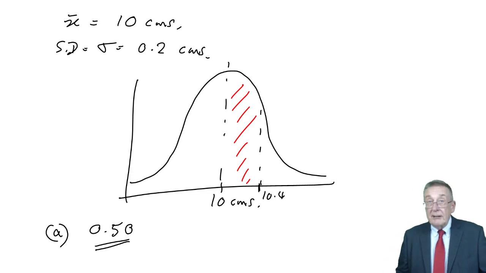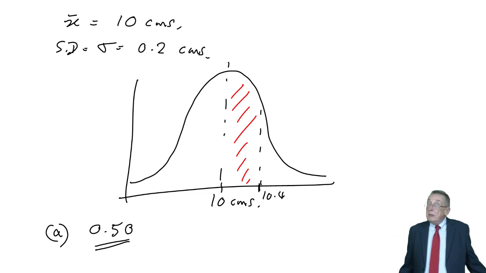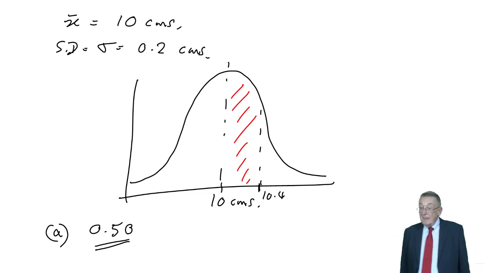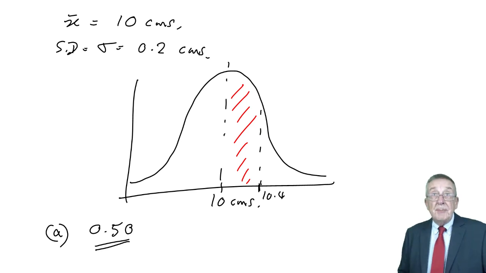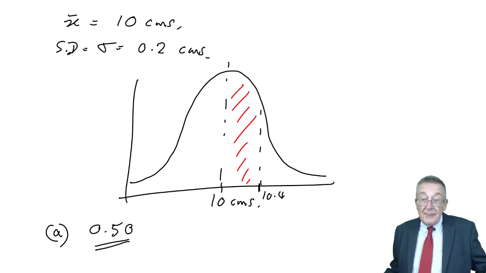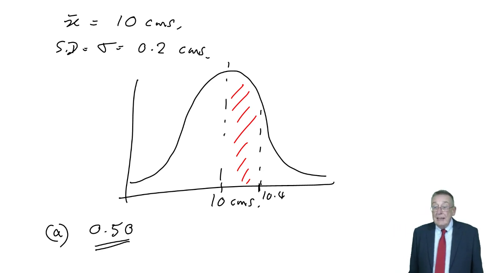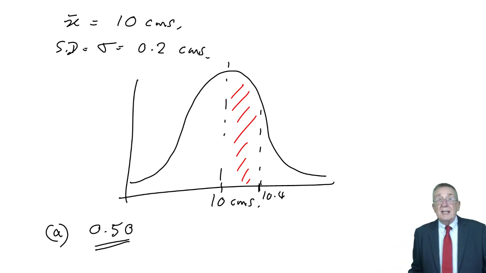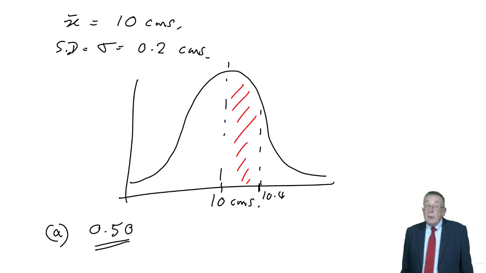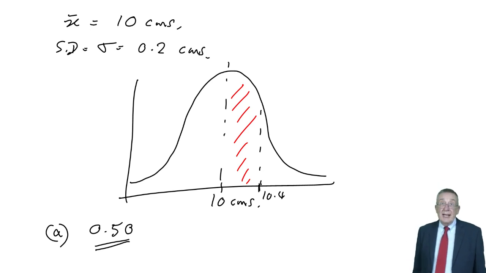The total area under the curve is proportional to all the units. So if that red area was 10% of the total area, it would mean 10% of the units were within that range. If that area is 1% of total area, it would mean 1% of the units were in that range. Well, how are we going to do it?